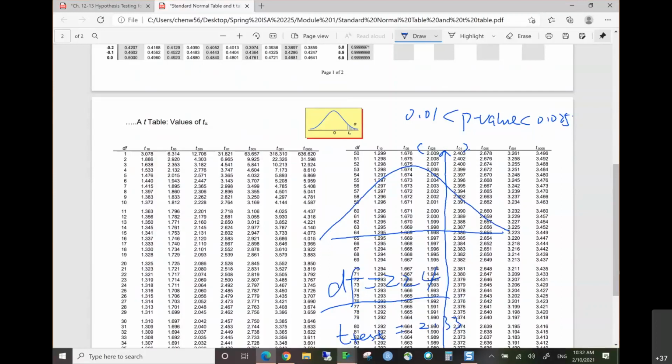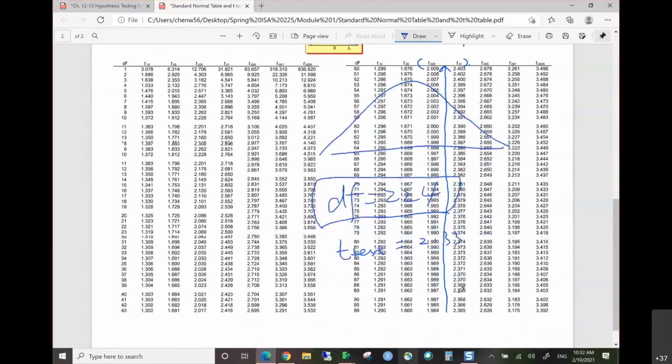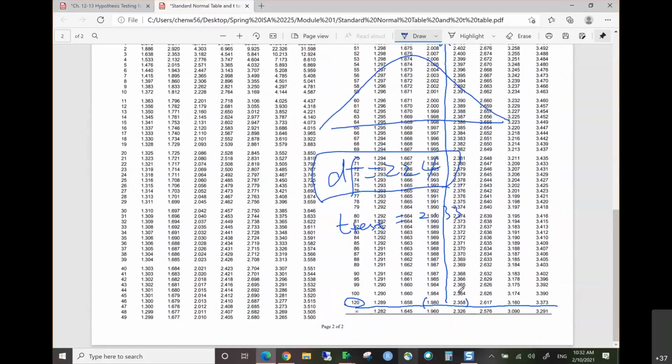So I just use this example to make a large degree of freedom. This case will not show in your exam. I will not make this kind of confusing degree of freedom in the exam, but in your real practice or maybe in the MyStatLab homework, you may have this kind of problem.